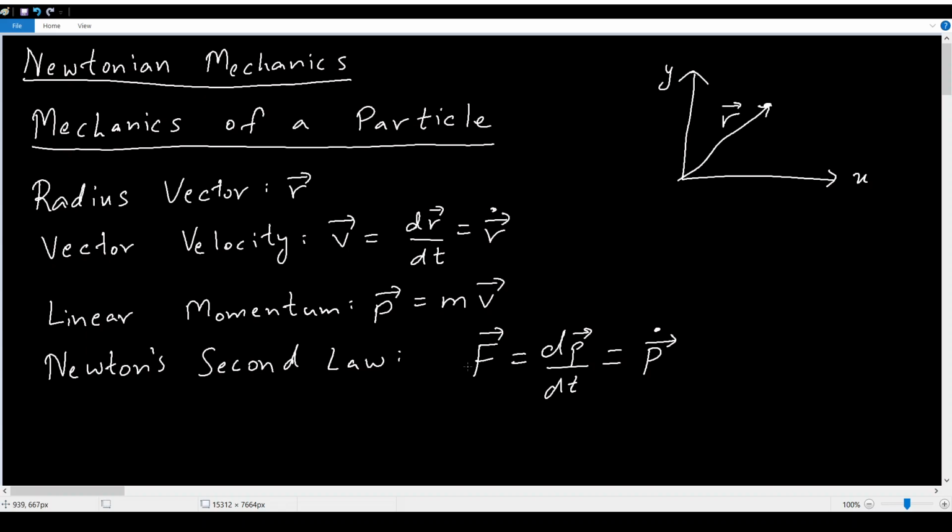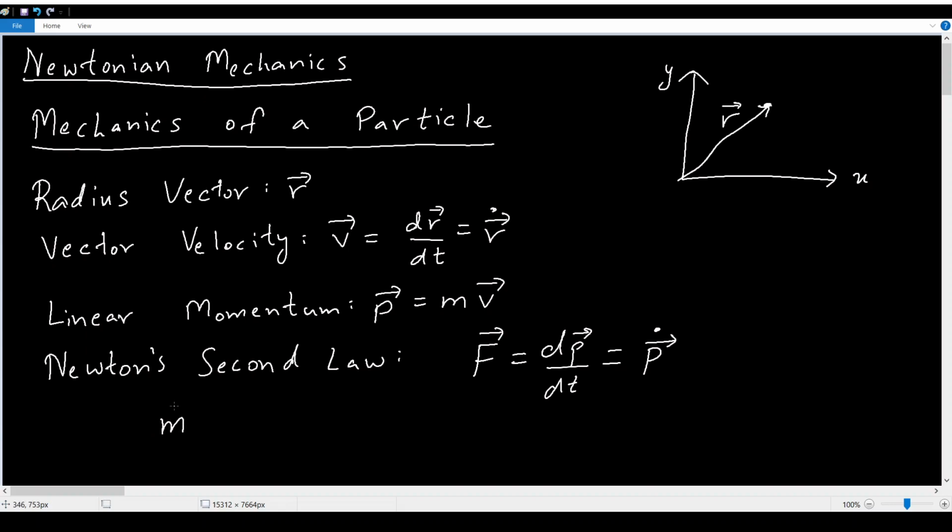You're probably more familiar with a different form of this equation, usually known as Newton's second law, which comes from the fact that in most systems that we look at, the mass does not change.